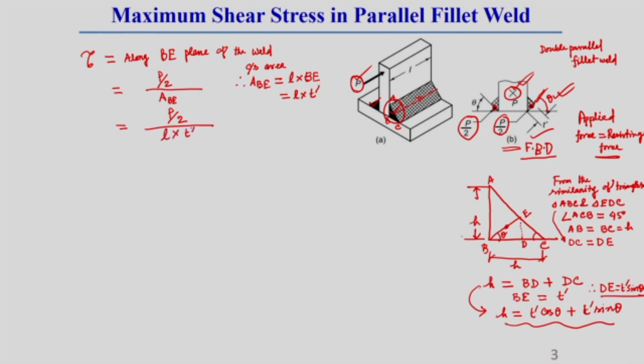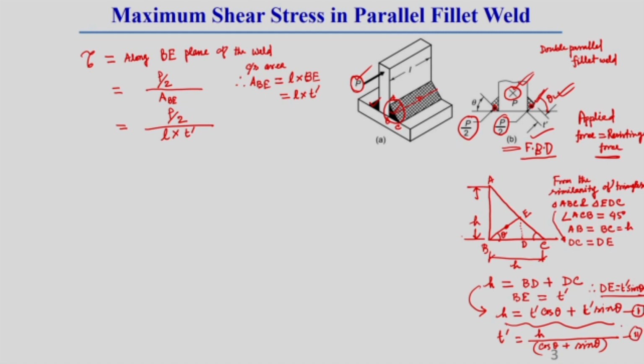Now, this T dash I will represent in terms of A's. So, from this equation 1, we can write T dash is equal to A's divided by cos theta plus sin theta. So, this I am representing as equation number 2.